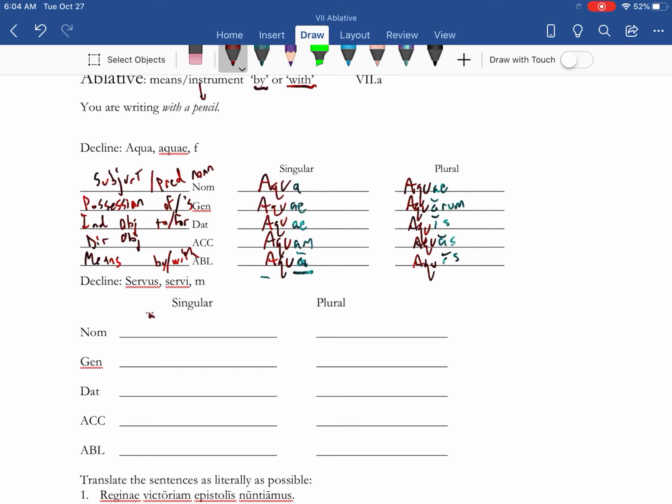And then on this side, for second declension, don't worry about that. That was Larry finding out that it's not good to knock over tables.